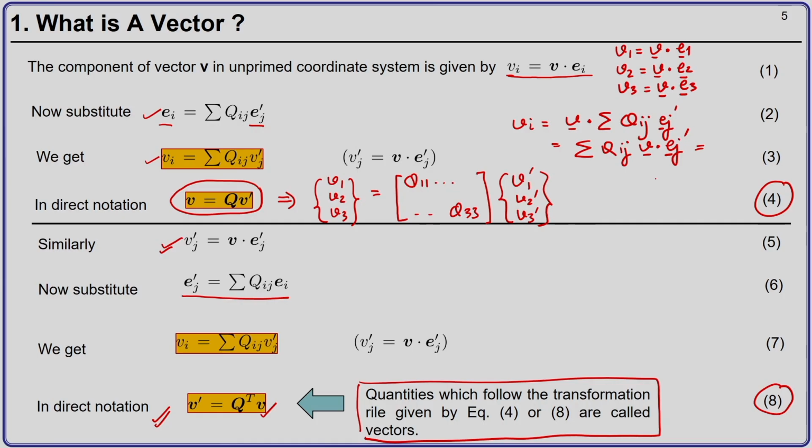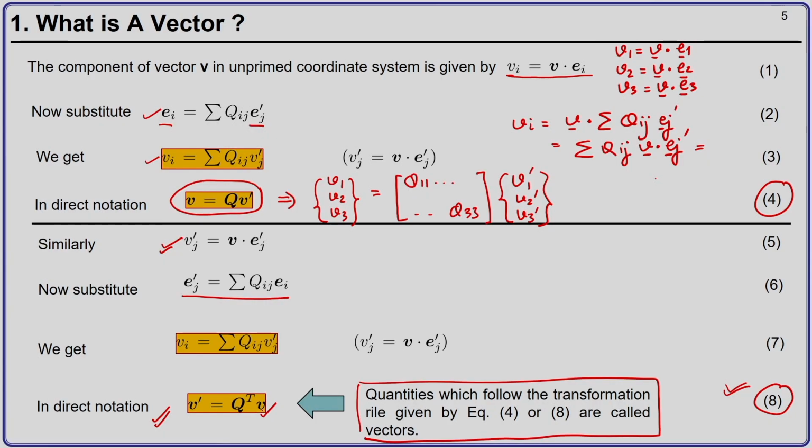So, if you are given any quantity and asked to show whether that quantity is a vector or not, what you have to do is show that the components of that quantity transform according to the relation given by either equation 4 or equation 8. We frequently use equation 8, because the vector v is given to us.